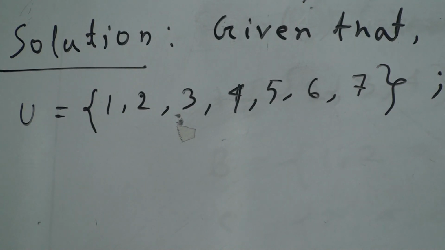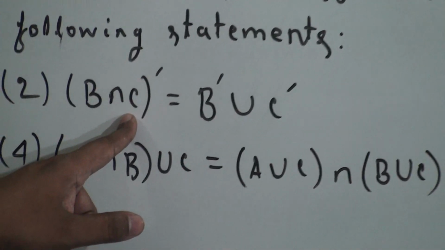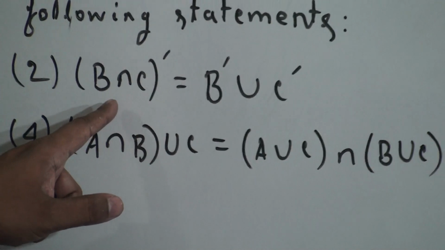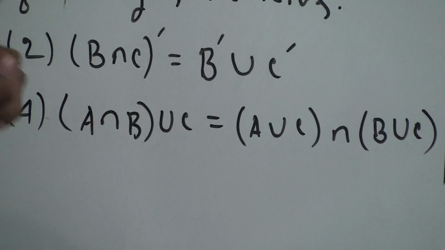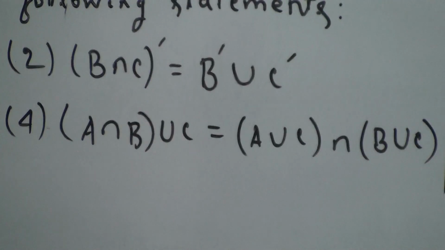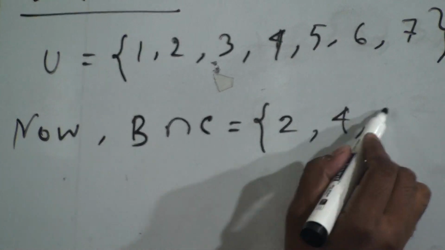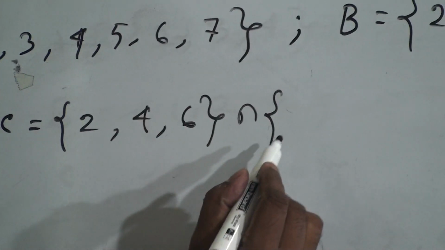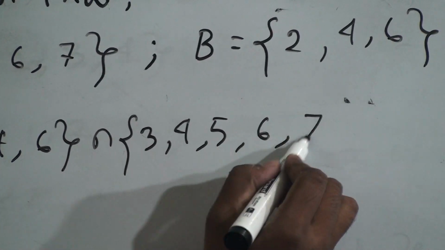Now before finding out the value of B intersection C whole prime, at first you have to find out the value of B intersection C, then we can find out the value of B intersection C whole prime. Now B intersection C, this is equal to, here the value of B is 2, 4, 6, intersection C, value of C is 3, 4, 5, 6 and 7.